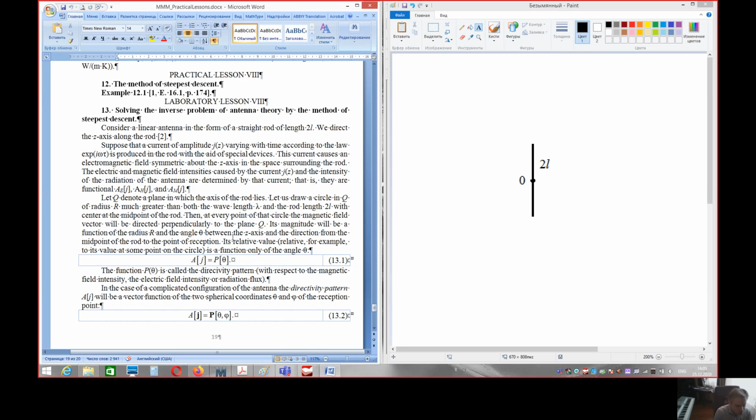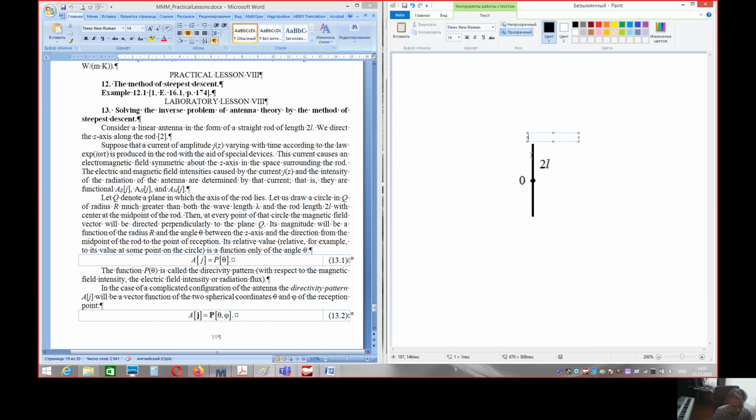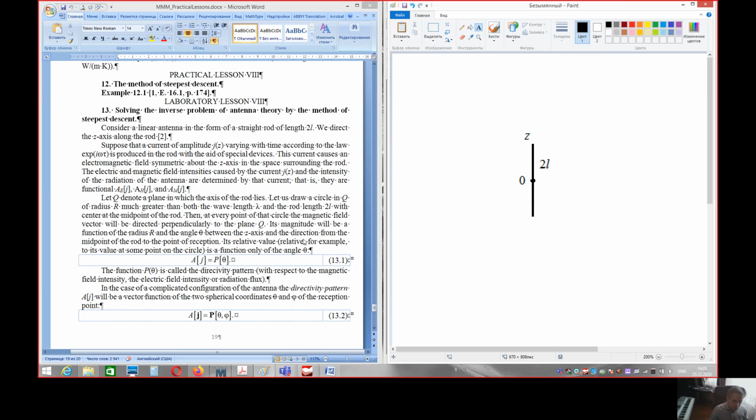This current causes an electromagnetic field symmetric about the z-axis in the space surrounding the rod.